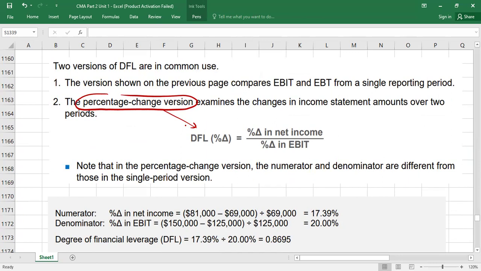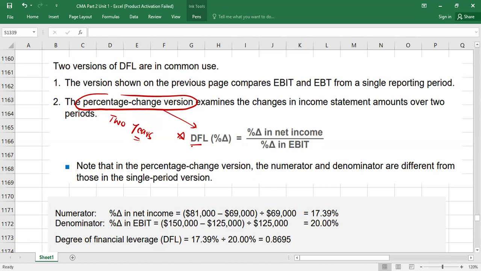Here, please remember, you will be given 2 years of data. So for example, the degree of financial leverage if 2 years of data is available, you will always apply this formula.